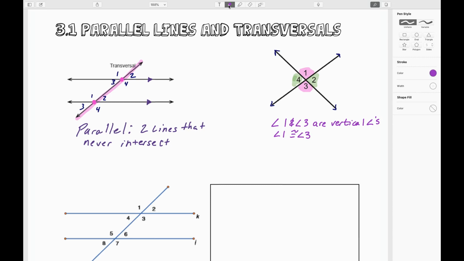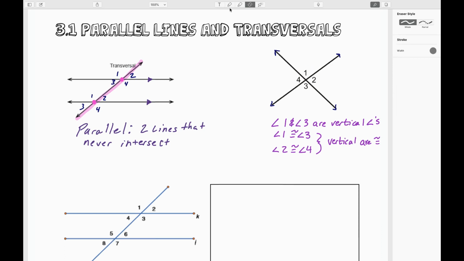So angle 2 is also congruent to angle 4, and the reasoning for this is vertical angles are congruent. In a lot of mathematical statements, you say, well, it's obvious. No, you actually need to have a mathematical statement. So we know, and it's been stated, that vertical angles are congruent, and so that's what we're going to say there.